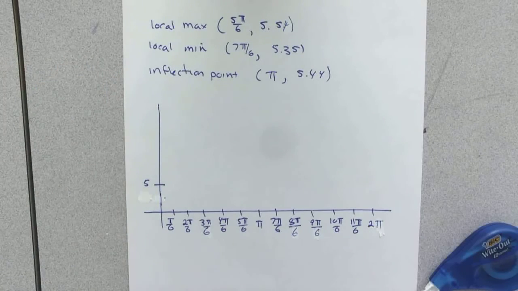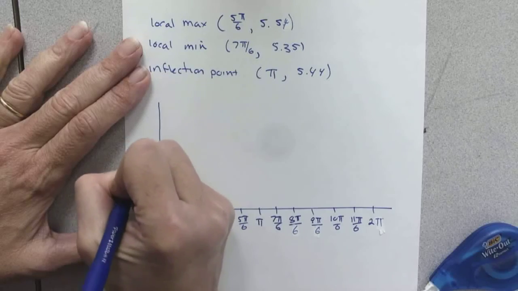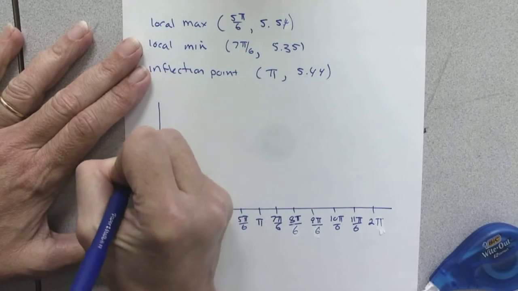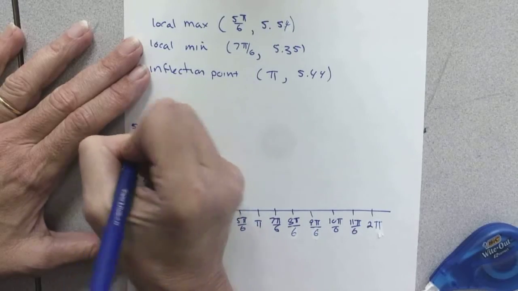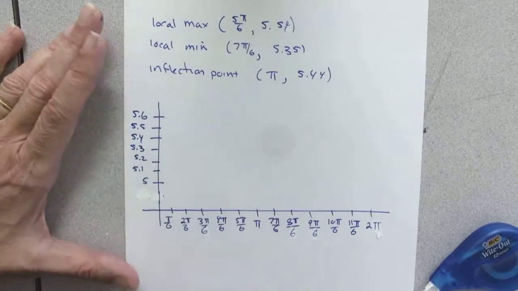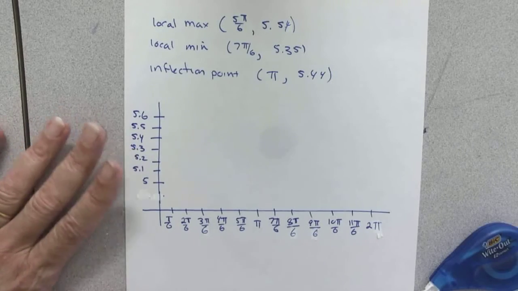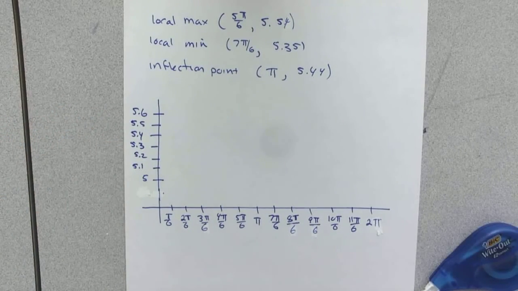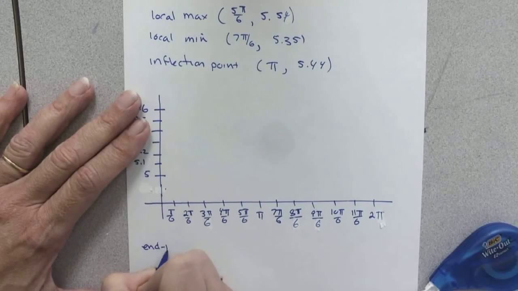And then look at the numbers I have to do there. 5.44, 5.35, 5.54. So I'm going to call this 5.1, 5.2, 5.3, 5.4, 5.5, 5.6. That will nicely tell me what's going on. And then I'm going to go ahead and get 2 more points here. My endpoints.